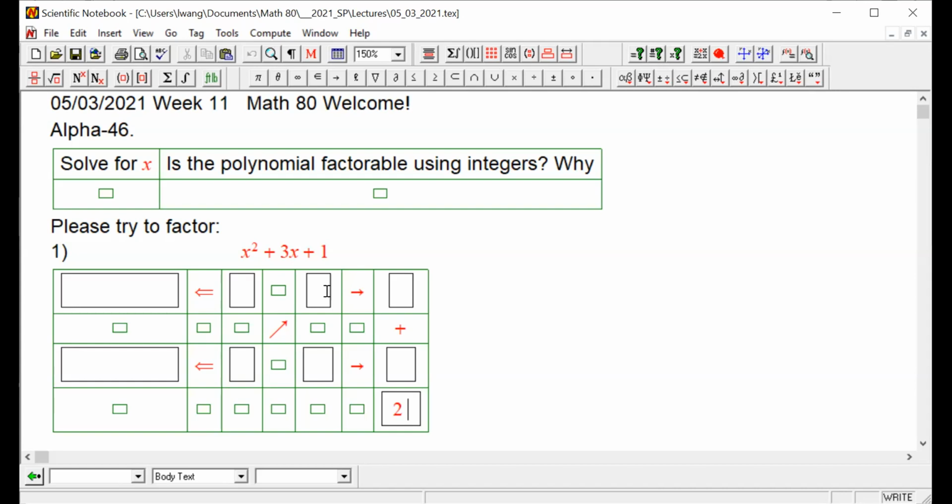But these questions in 46 are in the category where you use these techniques, they're not going to work. But no big deal. If it doesn't factor that easily, we just go ahead and use the quadratic formula. So for none of these in 46 can you factor by the techniques using integers.